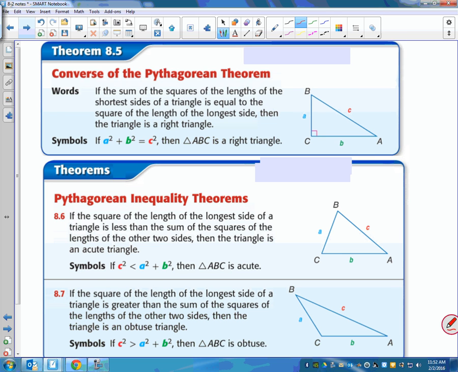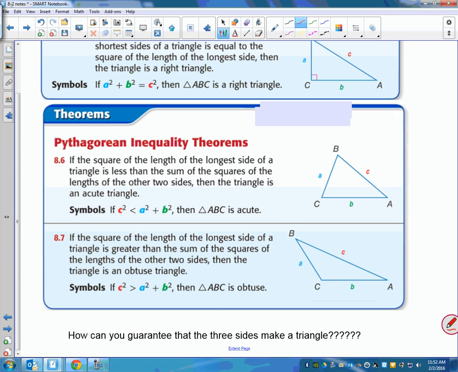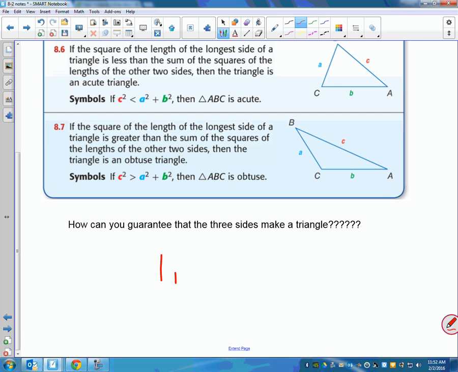But I thought we should point out, if I give you three numbers, will it always make a triangle? Like if I gave you 1, 2, and 3, 1 inch, 2 inches, 3 inches, is that going to always make a triangle? There's a rule, the triangle inequality, I don't even know what it's called.